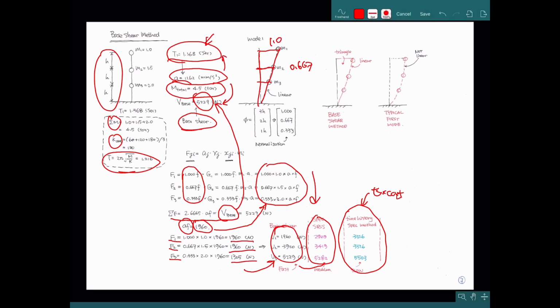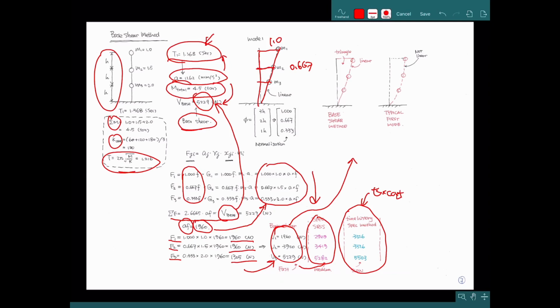We found that it's close, but there is quite a lot of error in the calculation. So this method is just for a simplified estimate of the structure. It's not an accurate calculation method. That's where the base shear method comes from.